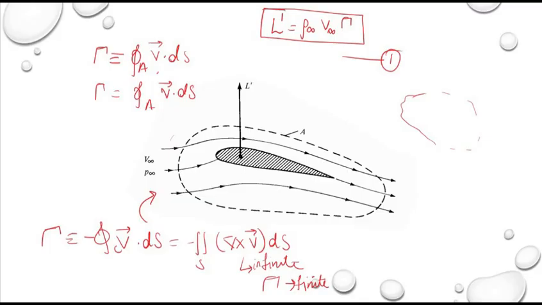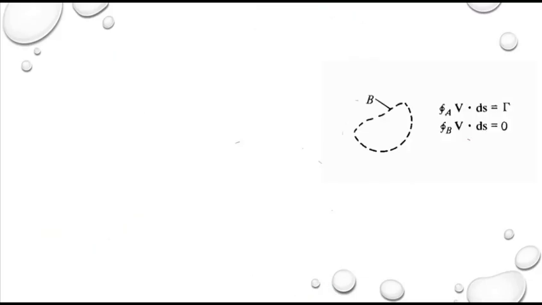Now, the flow outside the airfoil is irrotational, and the circulation around any closed curve which is not enclosing an airfoil or any origin will be 0. Let us have a detailed look at it. Here is the airfoil, and we have an enclosed curve around this airfoil, and the flow beyond this we consider as the flow outside the airfoil.